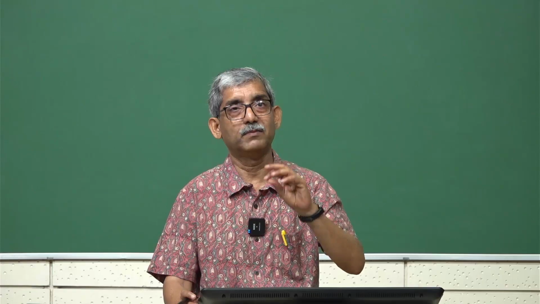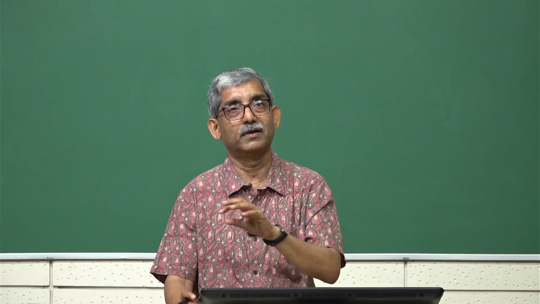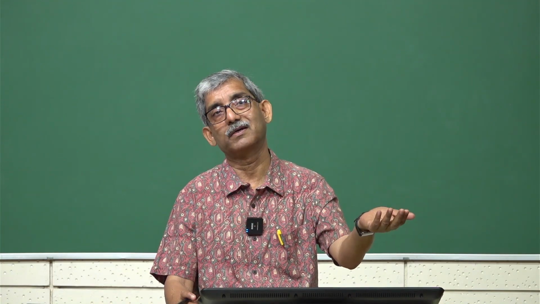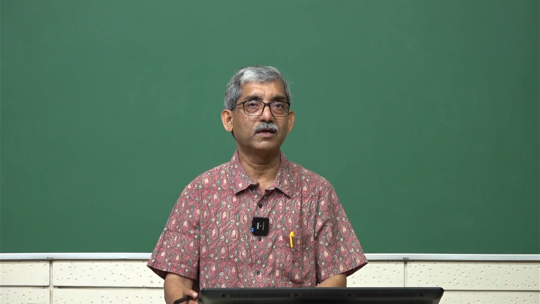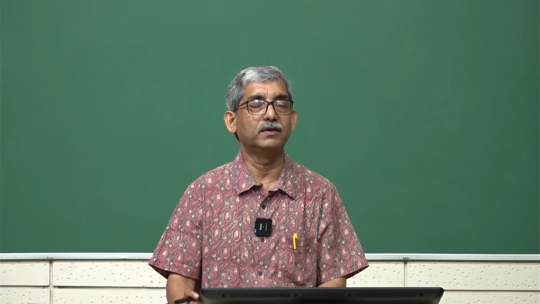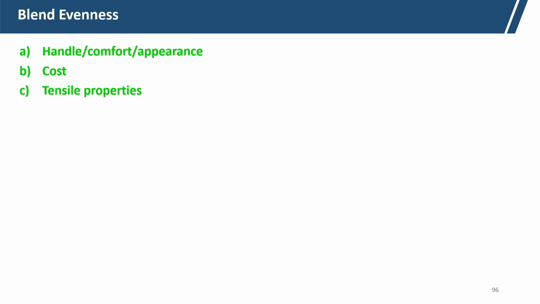If you want proper handle, we can preferentially put the natural fiber at the surface, but if it is not even, then appearance will be poor, cost will be affected, and tensile property will be affected. A homogeneous blend will have better tensile properties.